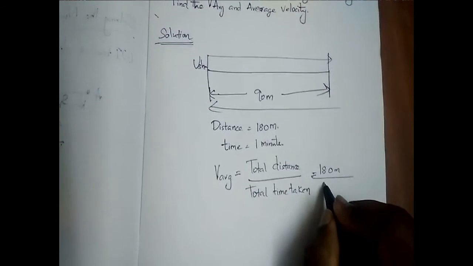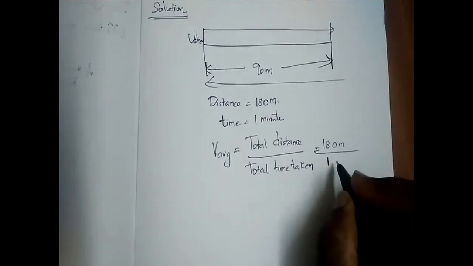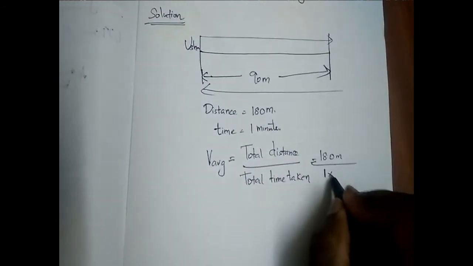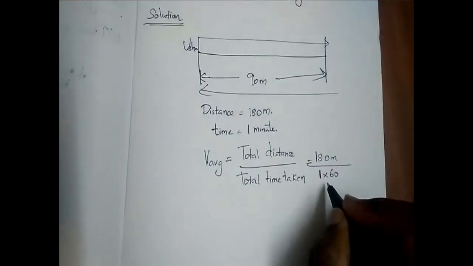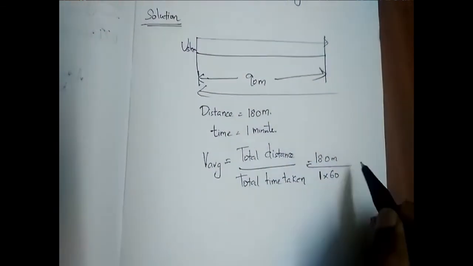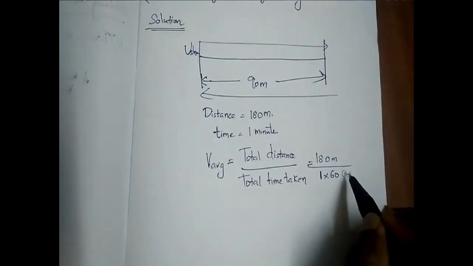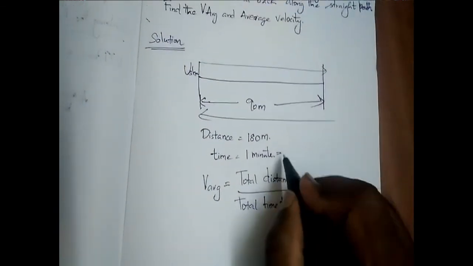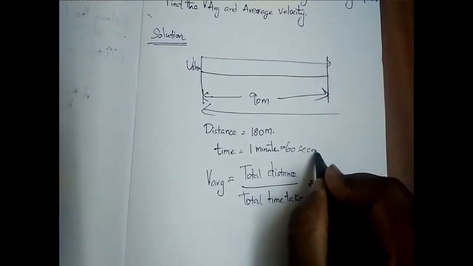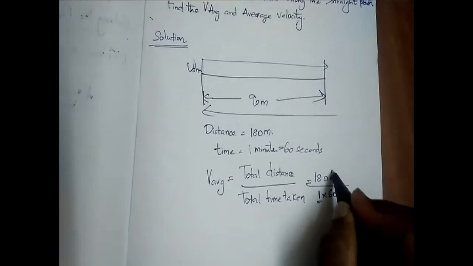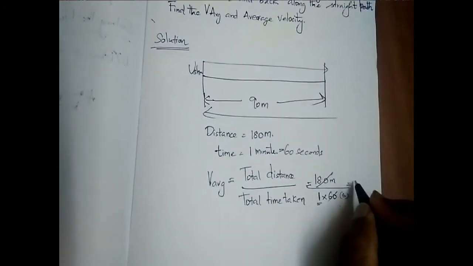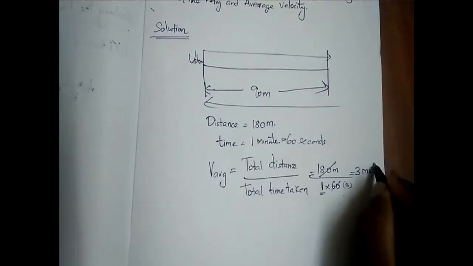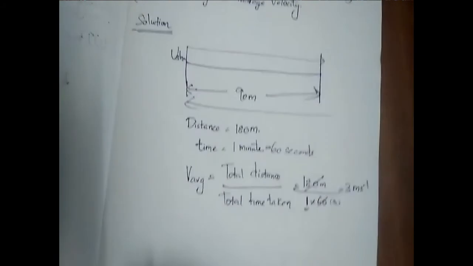So we have to convert that minute into seconds because the unit of speed is meter per second. 1 minute is equal to 60 seconds. So I'm converting the minute into seconds. That's it: 3 meter per second. That is the answer for the average speed of Usha.